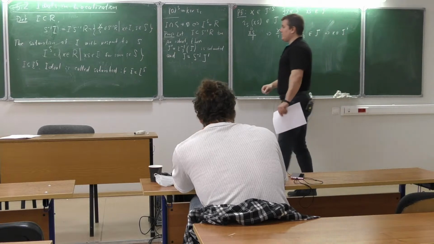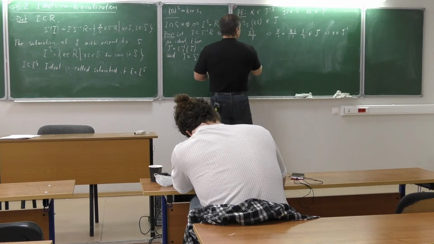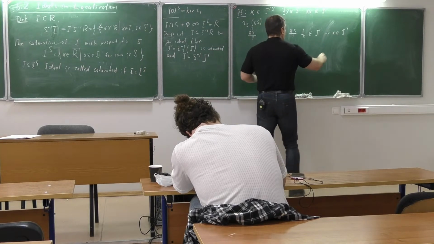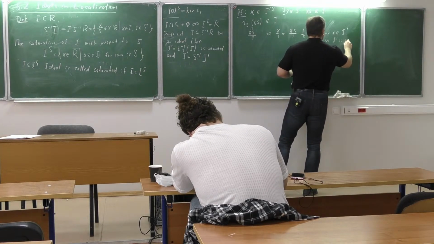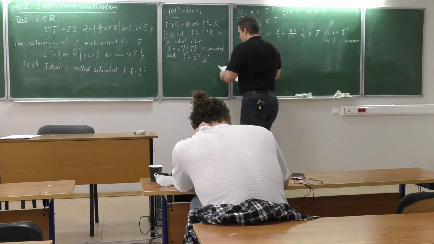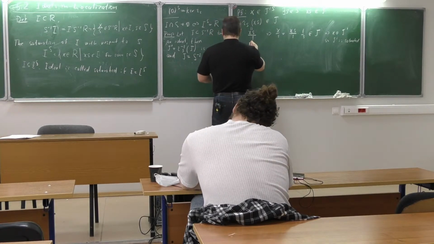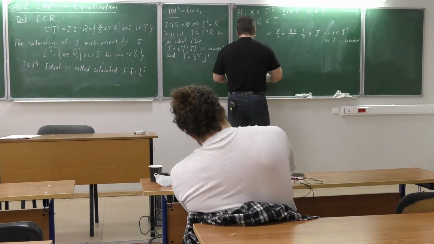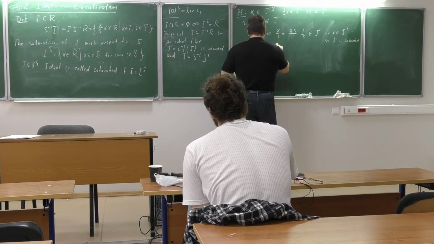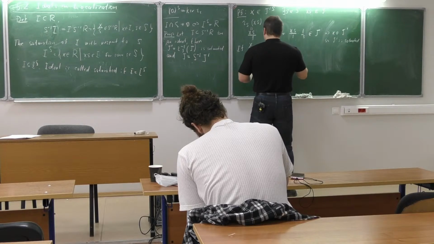So now we need to show that this equality is also true. J prime is saturated. Now for the second result in this proposition, take a fraction x over s in the ideal J. Again, I do the same thing.